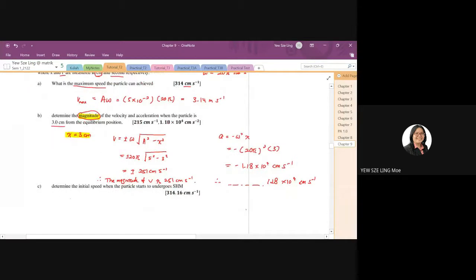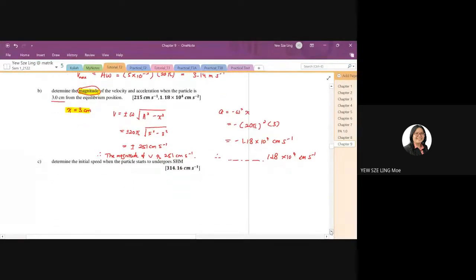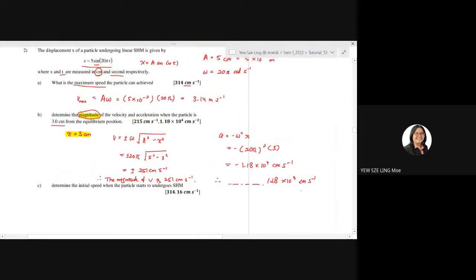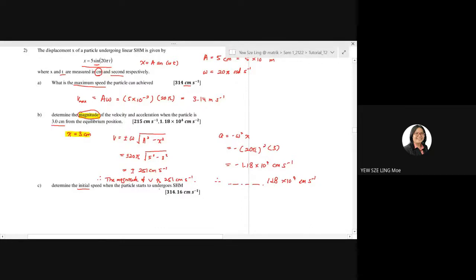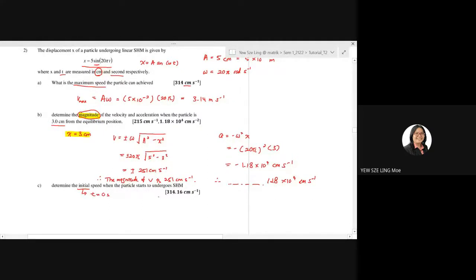Now, how about question C? Question C asks you to determine the initial speed when the particle starts to undergo simple harmonic motion. Initial speed happens at t equals 0, which means you are going to use t equals 0 in your calculations.